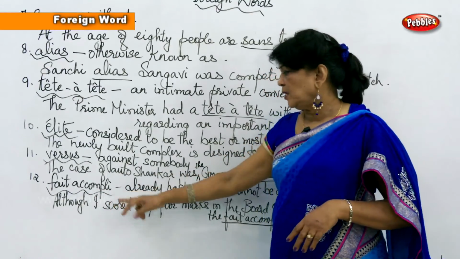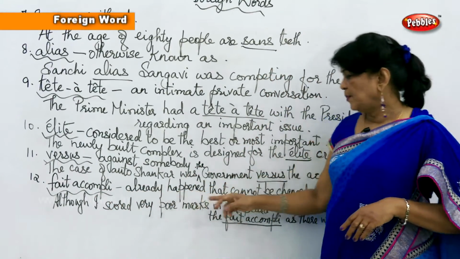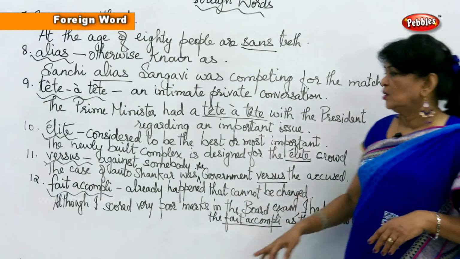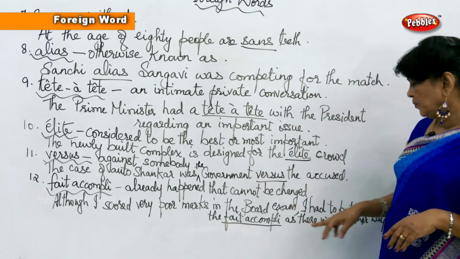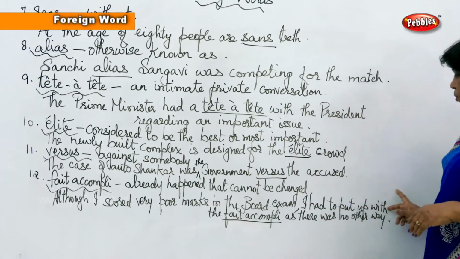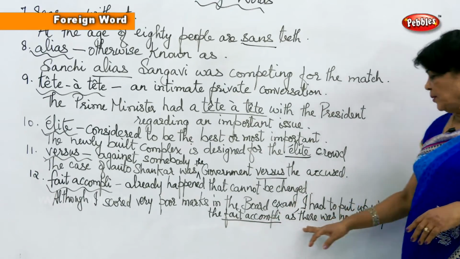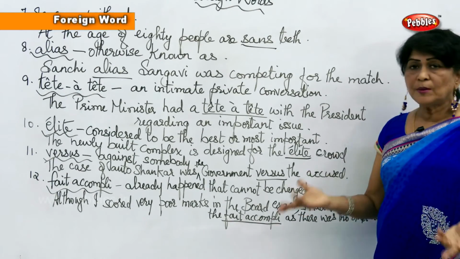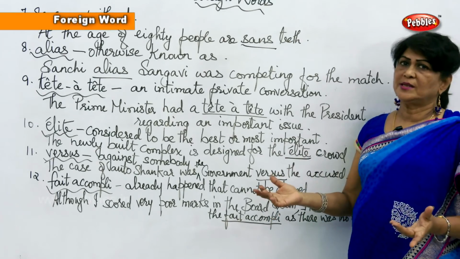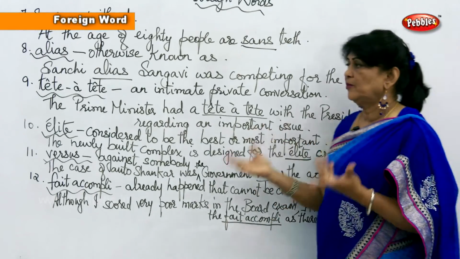Fait accompli, already happened, that cannot be changed. Although I scored very poor marks in the board exam, I had to put up with the fait accompli as there was no other way. It could not be changed, whatever was done. So he had to put up with it.